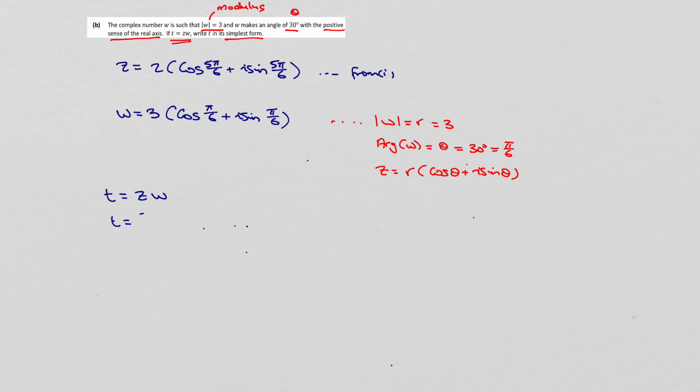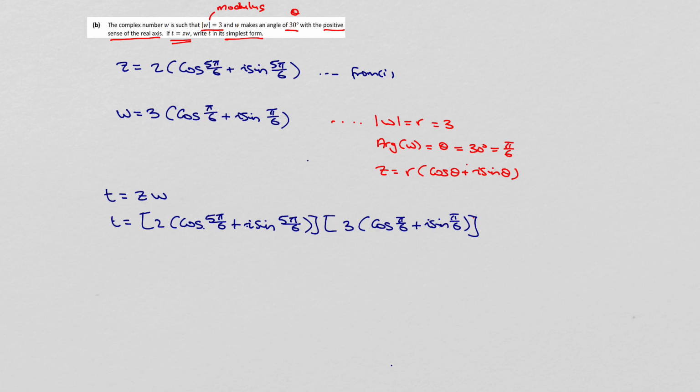So z is 2 cos 5 pi over 6 plus i sine 5 pi over 6, and we're going to multiply that by w, which is 3 times cos pi over 6 plus i sine pi over 6. So, of course, we have two complex numbers here in polar form.